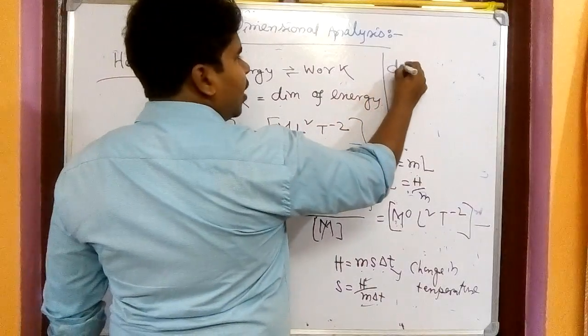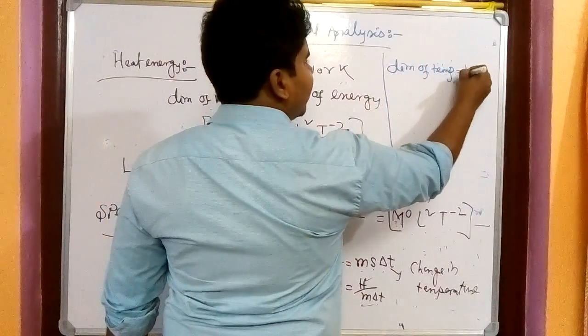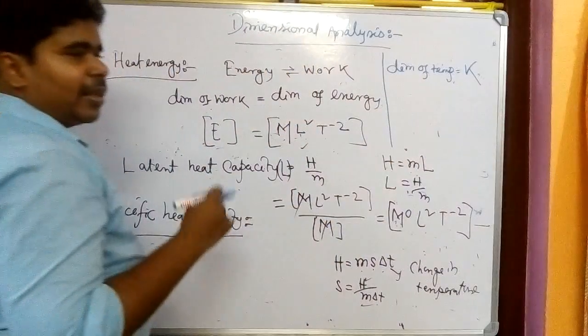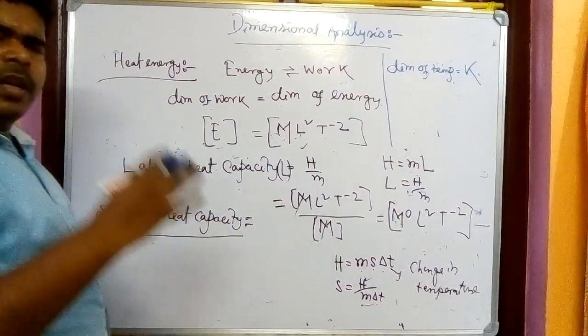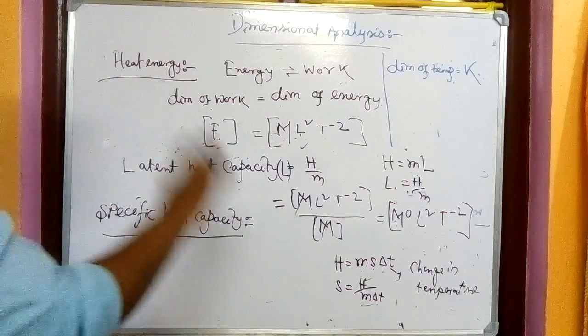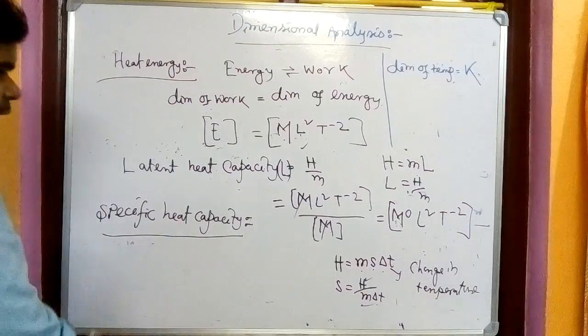So it is written, dimension of temperature, that is K. We all know the SI unit of temperature is Kelvin, that is denoted by capital K. Here also that capital K is taken as its dimension. Okay, no problem. So we have to write it down.